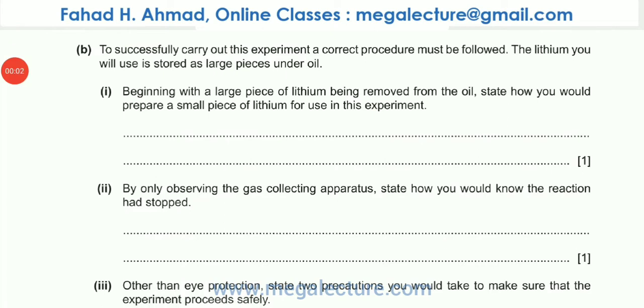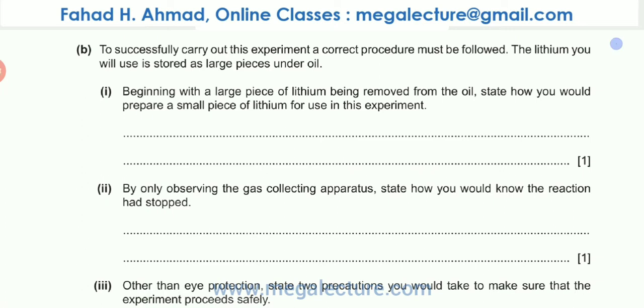Now, moving to the next part of the question, part B, it states to successfully carry out this experiment, a correct procedure must be followed. The lithium you will use is stored as large pieces under oil. That is already mentioned earlier. You need to store group 1 metals under oil, beginning with a large piece of lithium being removed from the oil. State how you would prepare small pieces of lithium for use in the experiment.